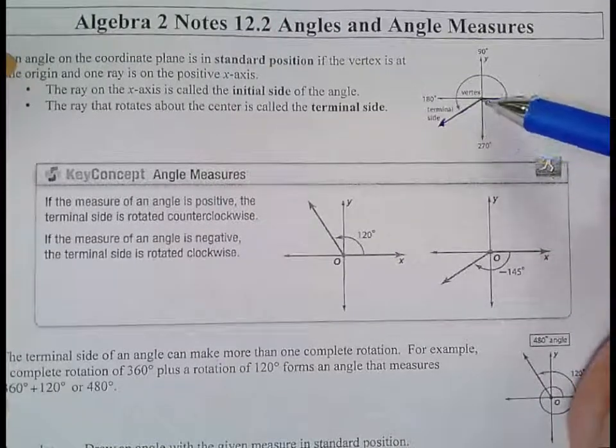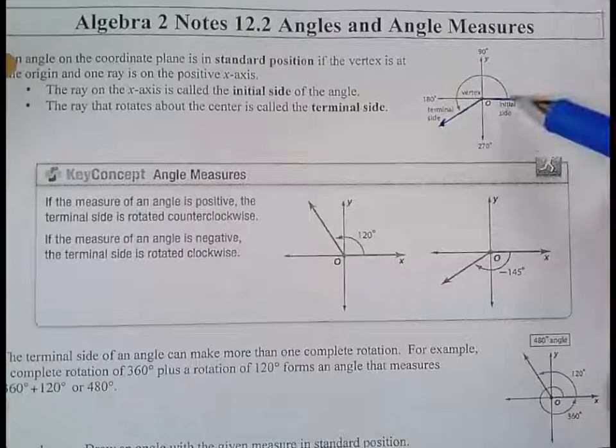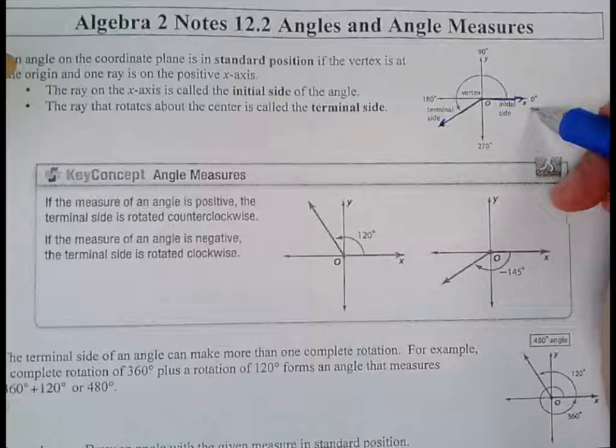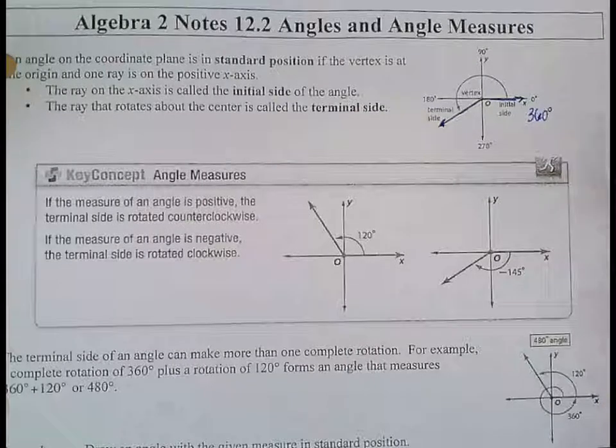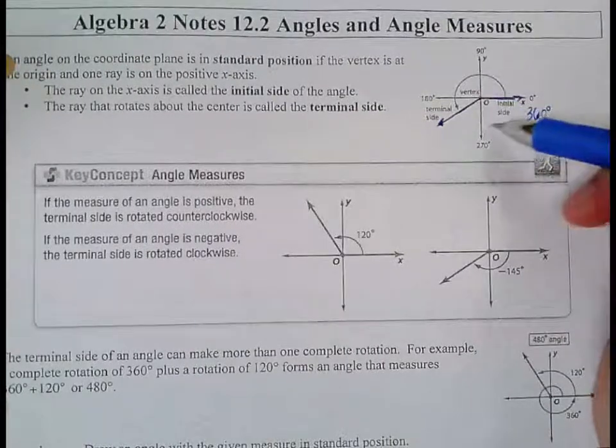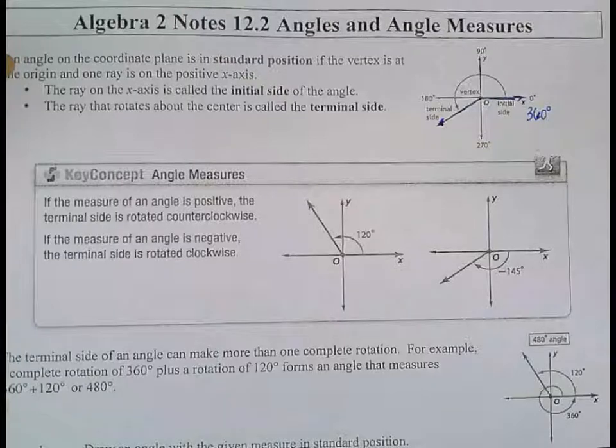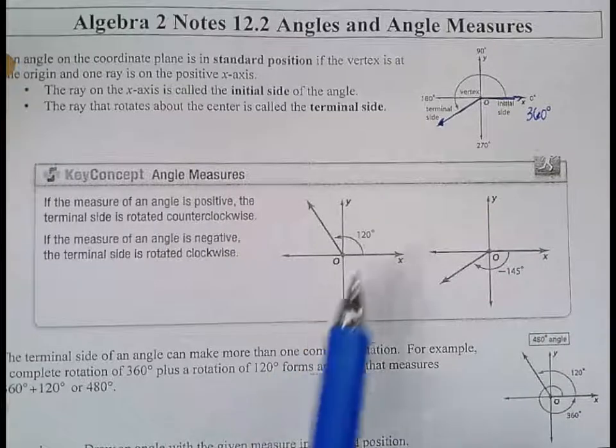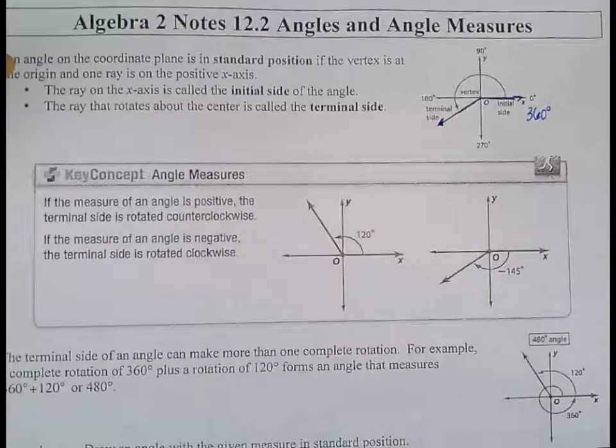Go another quarter, you're at 270 degrees. All the way around a circle, how many degrees is that? 360. So 0 degrees and 360 degrees are actually in the same place. We'll get to that part later. They're considered coterminal angles.